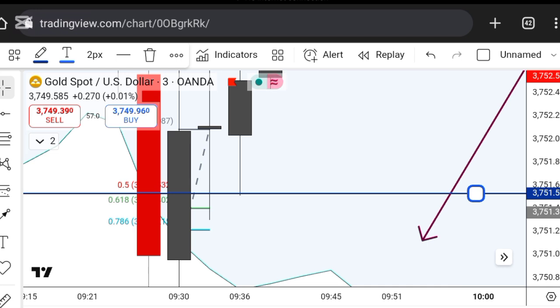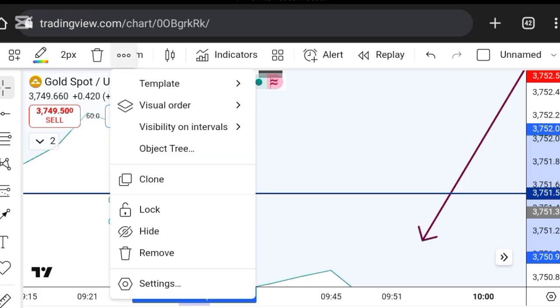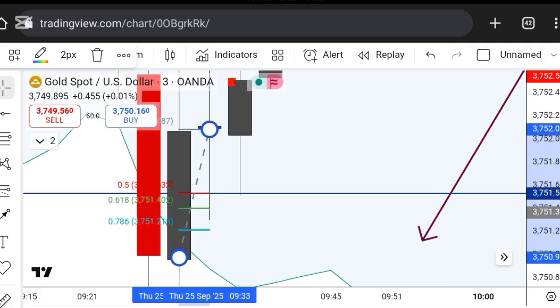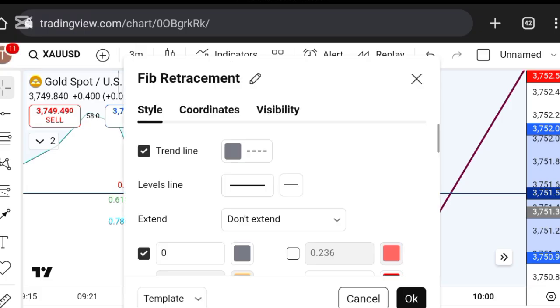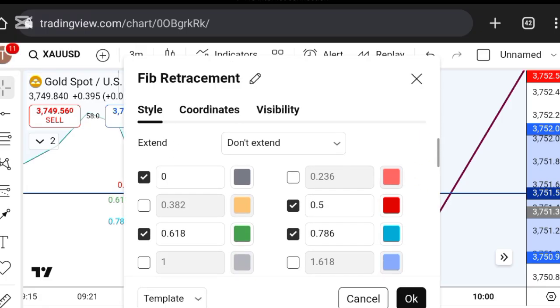If you do not know how to set up your fib, let's do that. I have clicked on my fib right now. Once you click here, you will see settings. You click on settings and go to your fib. Here are your fib levels.